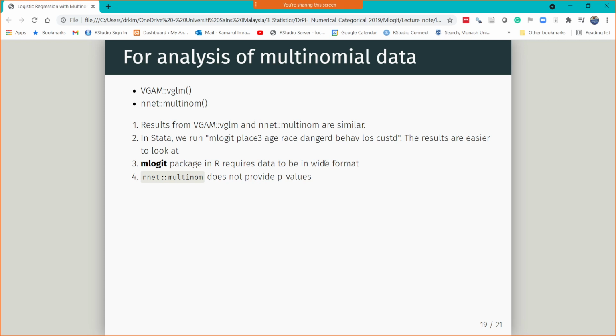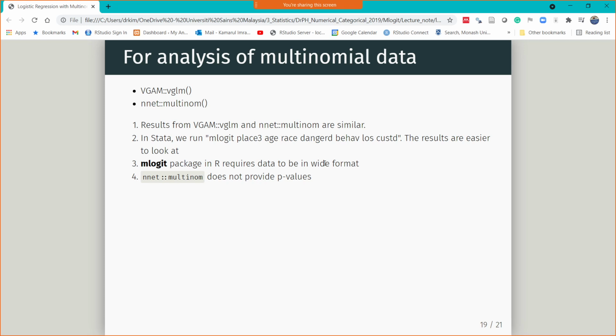The other package is nnet, and the function in the package is multinom. What I observe is that the results, if you run vglm or multinom, they are similar.